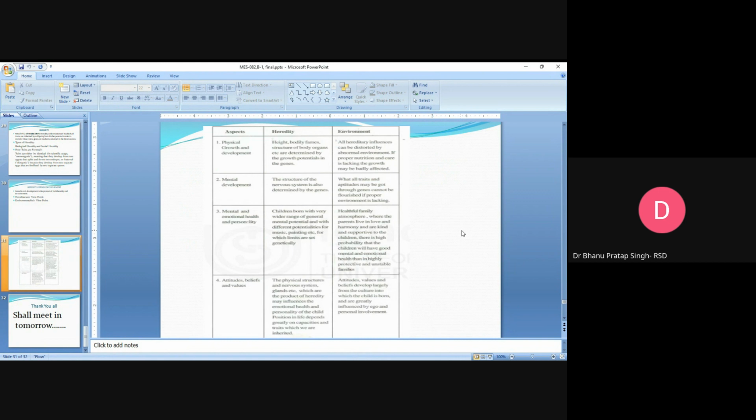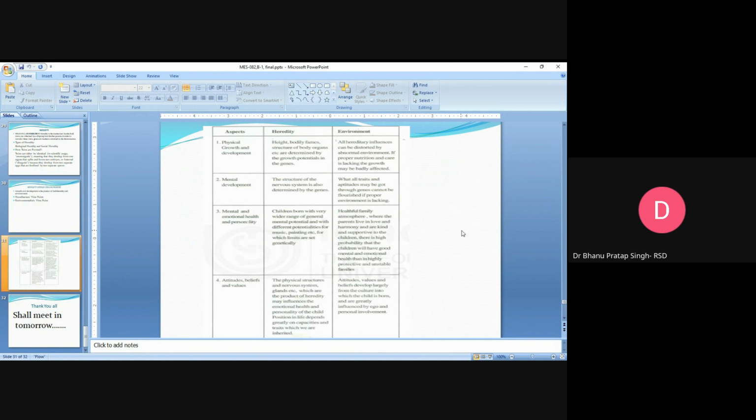But similarly, environment says that in a healthful family atmosphere, where the parents live in love and harmony and are very supportive of the children, there is a high probability that the children will have good mental and emotional health, compared to those in highly unproductive and unstable families.